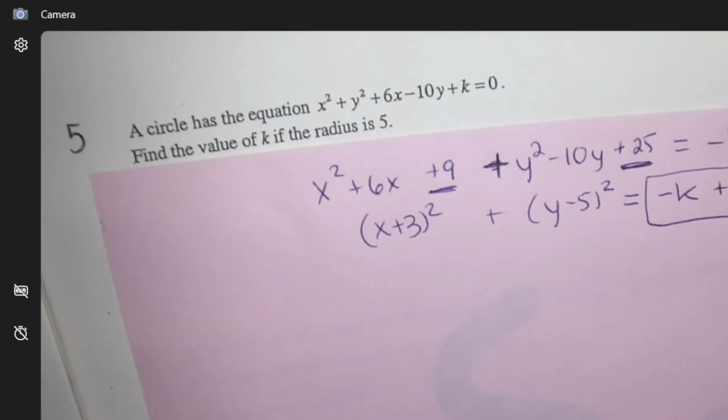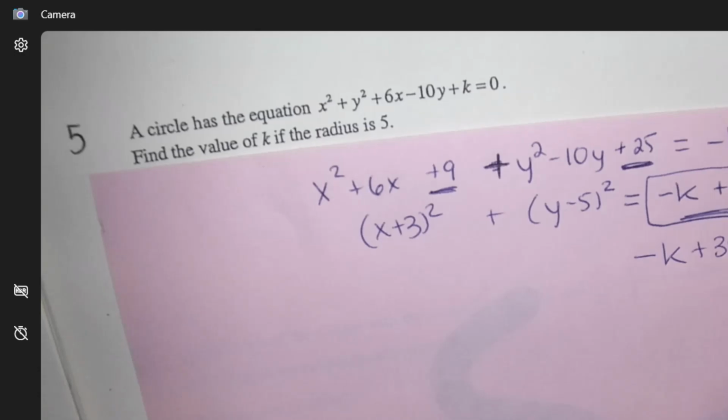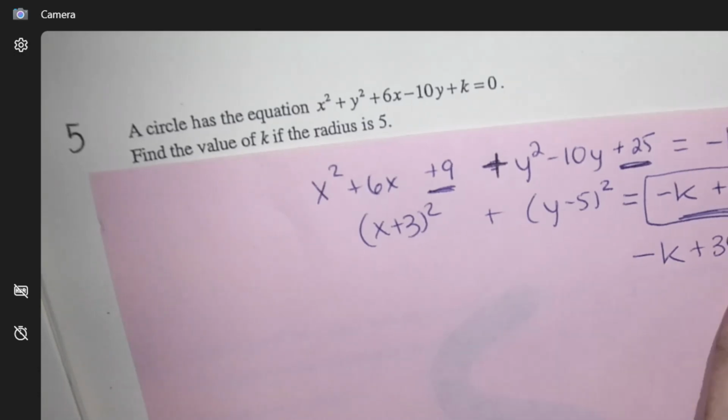And then you concentrate on this, because to get a radius of 5, all of this needs to be 25. So you just go -k + 34 = 25, and then solve. Okay? Does that kind of make sense?